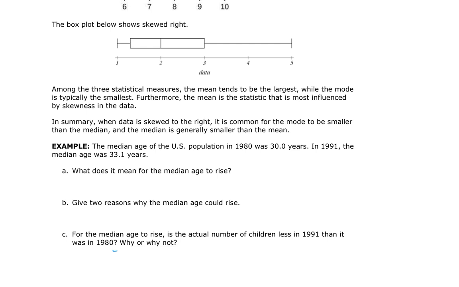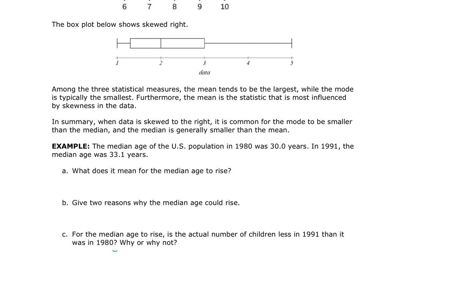So the number of children could be the same. Say, we'll do it easy, there were 10 children in 1980, and then there's 10 children in 1991, but the populations have increased from 1980 to 1991, while the number of children is the same.